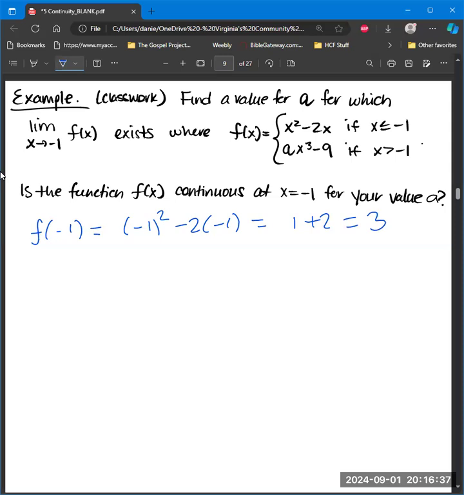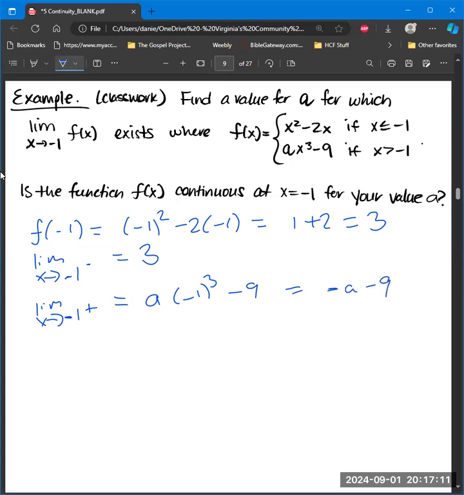So now I already know that that's the limit as I come from the left, because I used that top function. So the limit as x approaches -1 from the left, we know is 3. We just did the work for that. Limit as x approaches -1 from the right is going to be a times -1 cubed minus 9, which is equal to negative a minus 9.